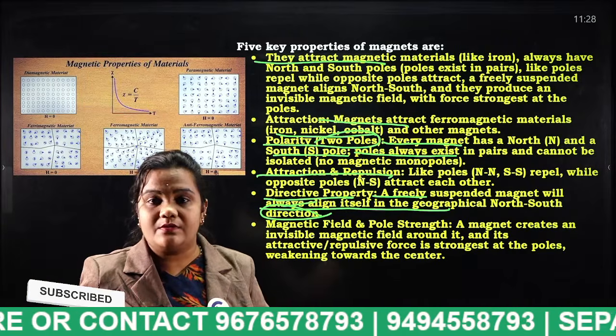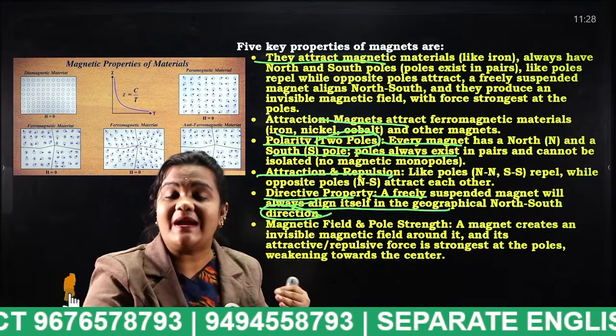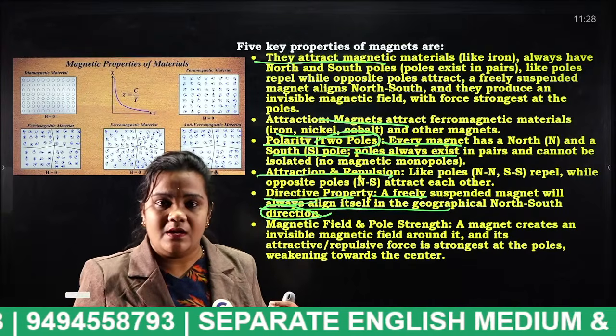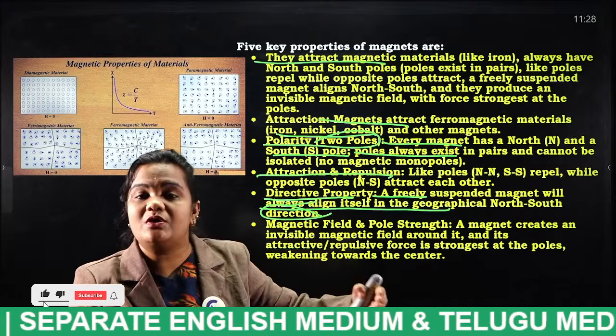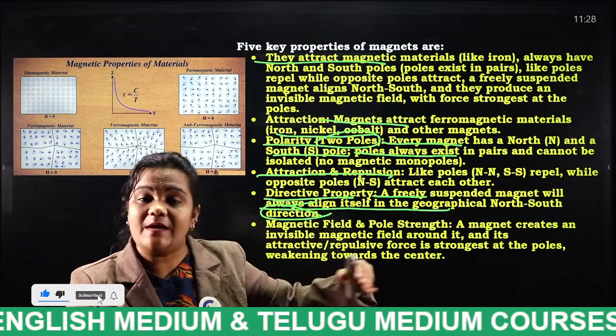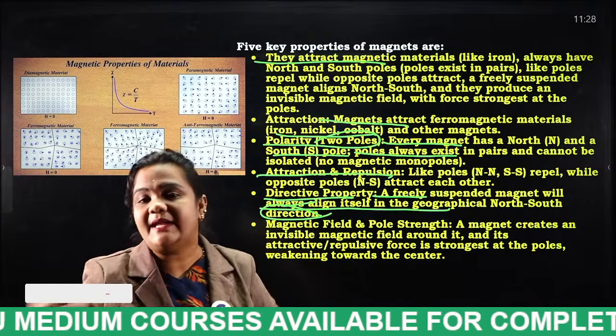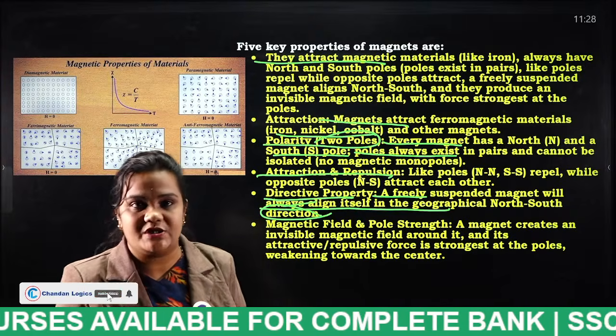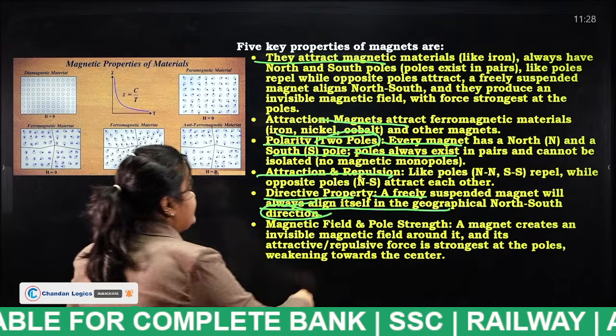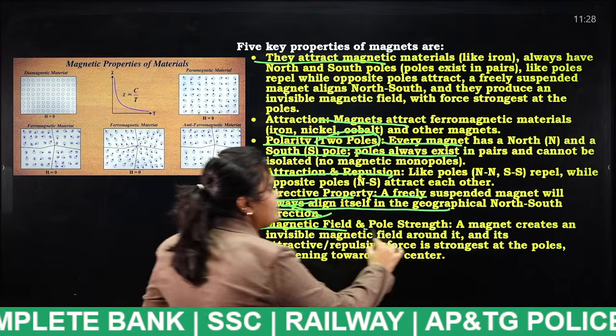Why? Because even our earth has some magnetic property, and unlike poles attract. So when we suspend it freely, it automatically takes the north-south direction. Next, what is magnetic field and what is pole strength?